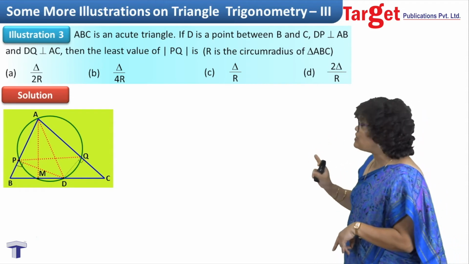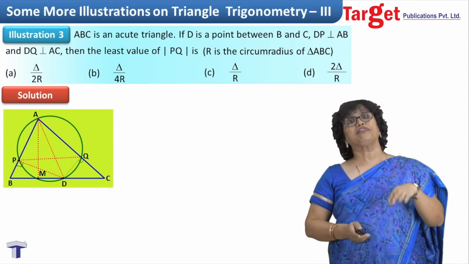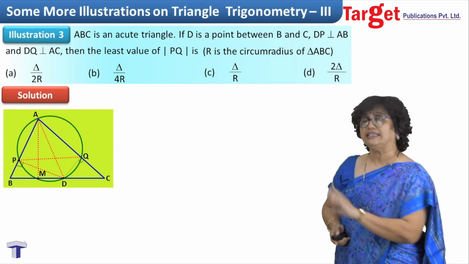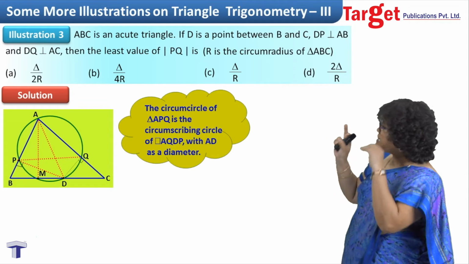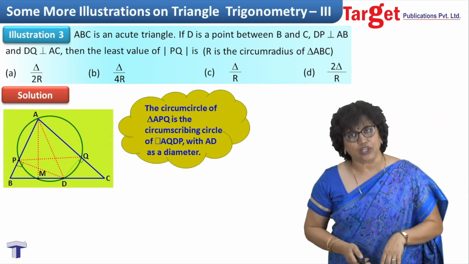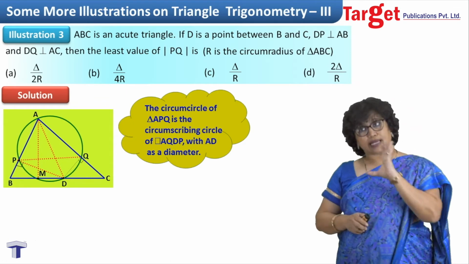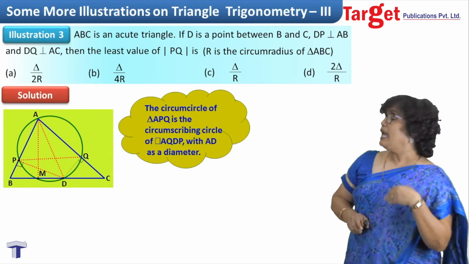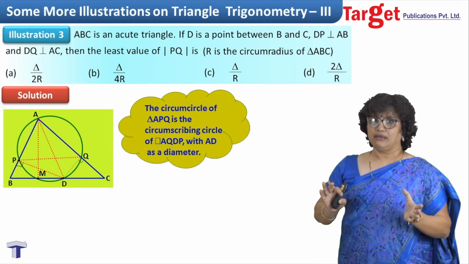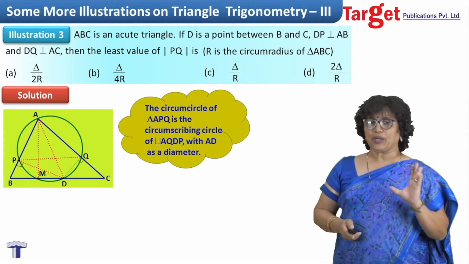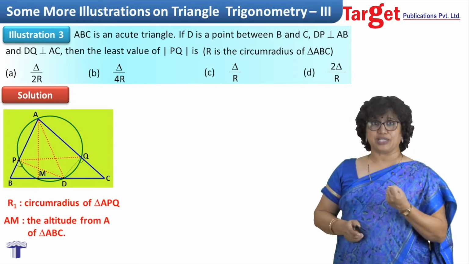Also AM, which I have shown as altitude, that was not given in the problem, but that I have drawn from my side. I hope everyone can see that. Now what observations you make? I realize that circumcircle of triangle APQ and the circle which circumscribes the quadrilateral AQDP, that would be same. Can everyone see that? I hope you can do that, correct? And from there I move and I use a new notation now.